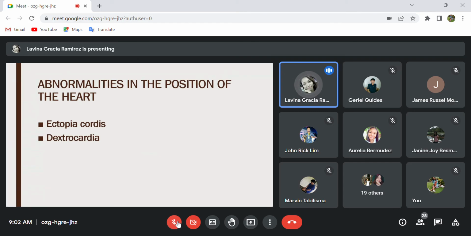So these are the common, which can also be found, okay, some in mga large animals. So ectopia cordis from the term itself, outside. Okay, so heart is located on the outside, and the dextrocardia naman parang both on the angle or parang part of the yung position niya, okay, in the thoracic cavity is in the middle.